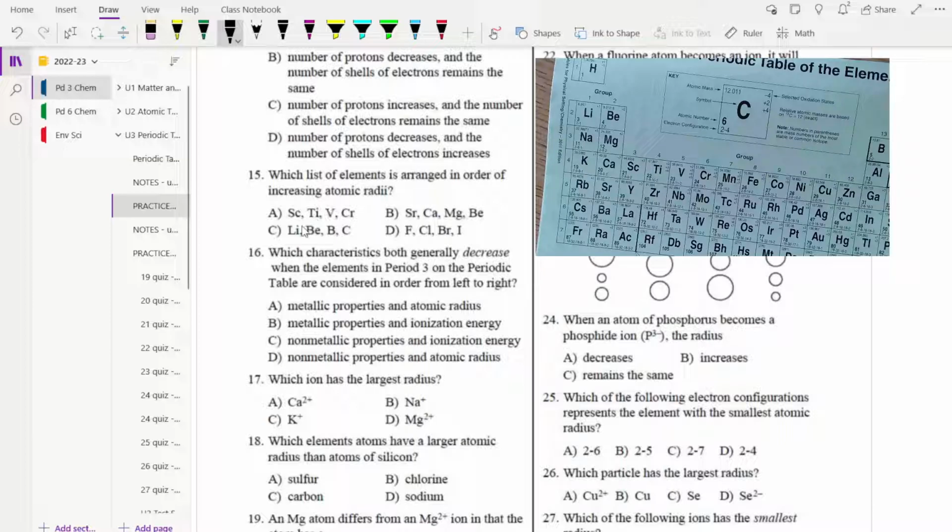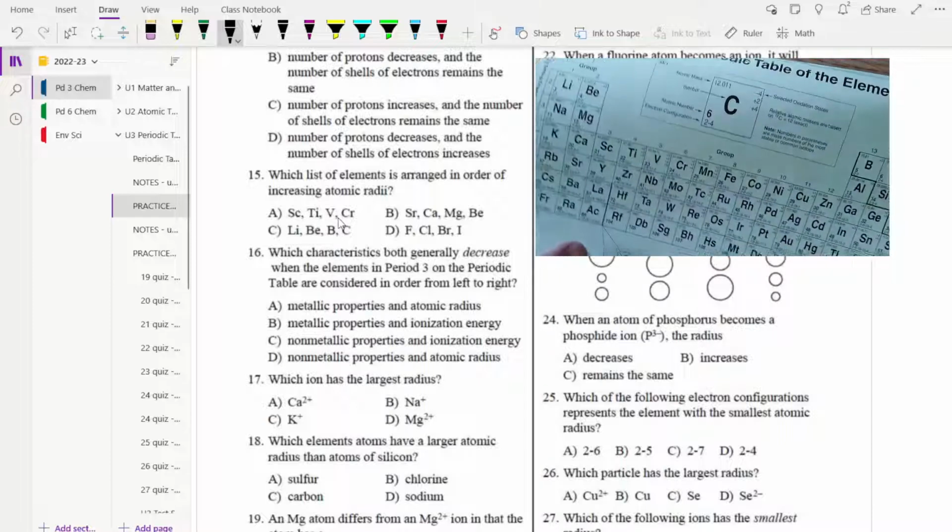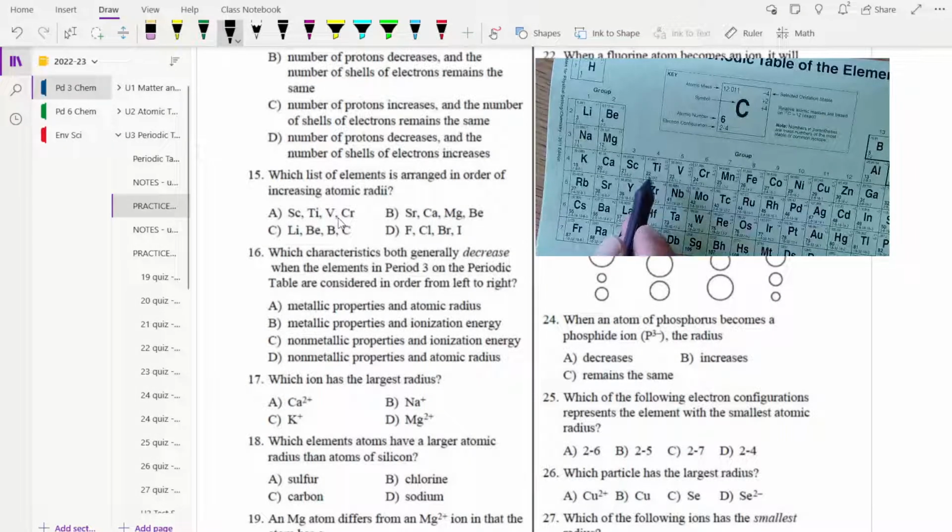Same idea. Let's take a look at which ones we're given. We've got scandium, titanium, vanadium, and chromium. So this is a great time to just get used to the periodic table. What it's really asking is, do you know which way the periodic table gets larger or smaller?